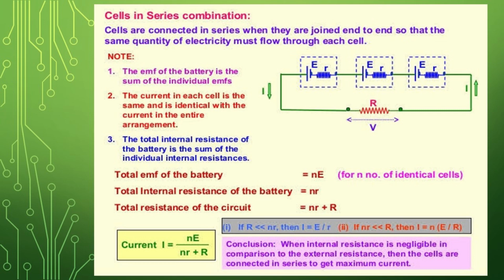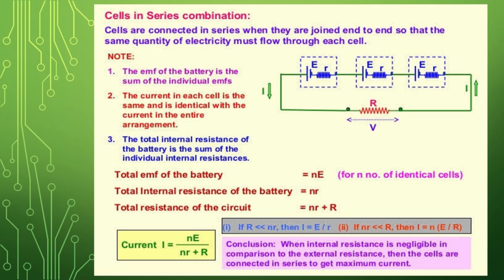If there are n cells connected in series, then total EMF of the battery is equal to nE. Total internal resistance of the battery is equal to nr.